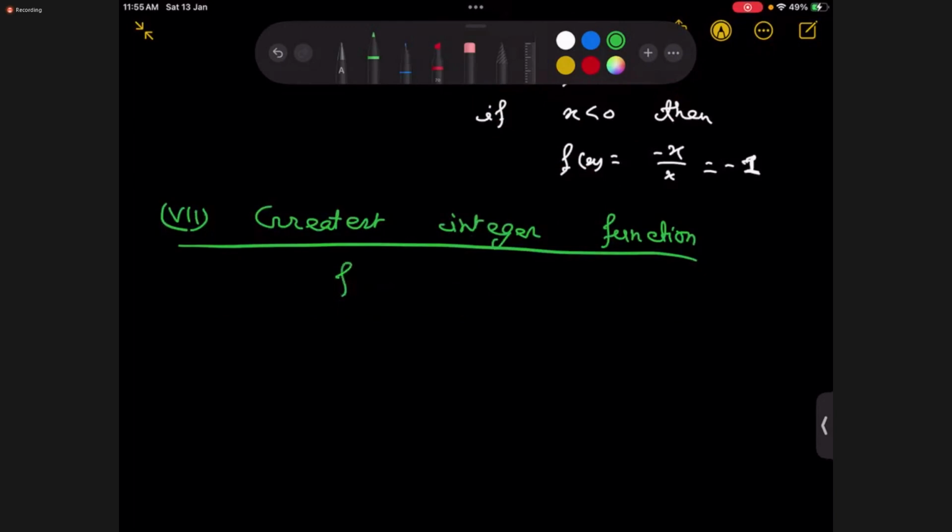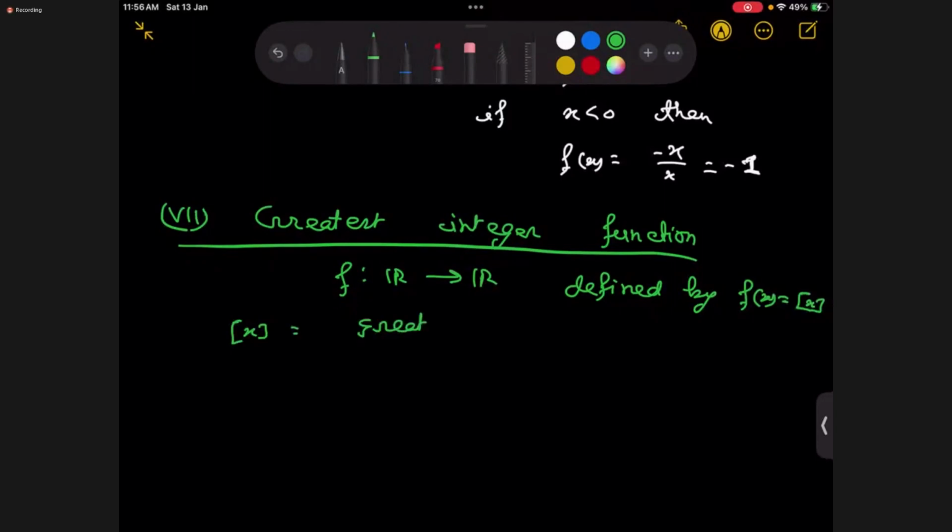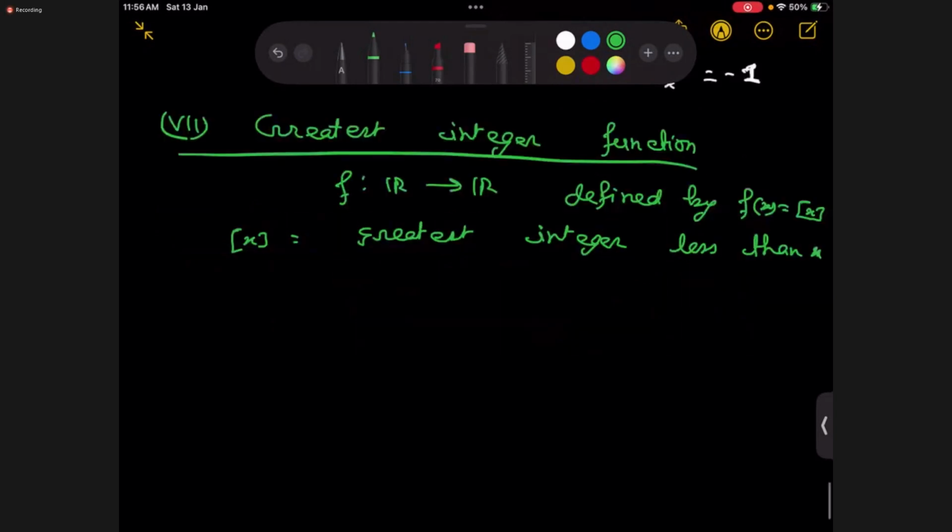From R to R, defined by f(x) equals to box x. And what is box x? This is nothing but the greatest integer less than or equal to x.